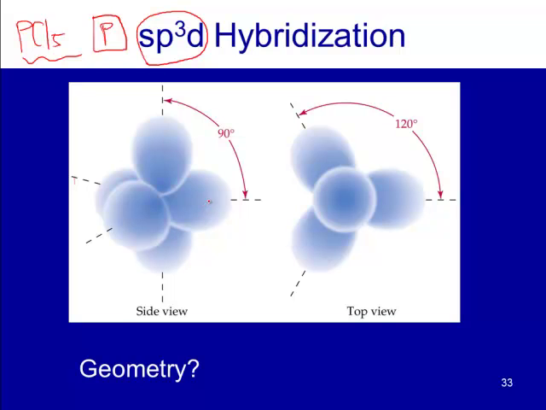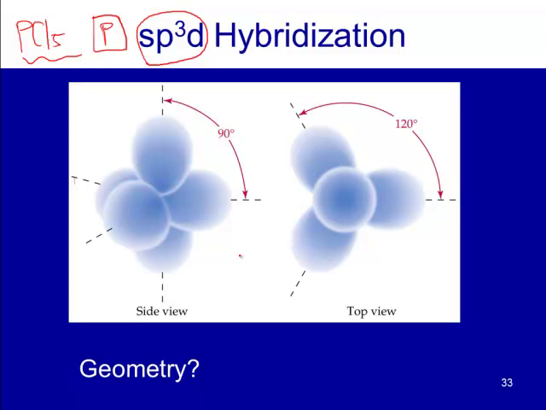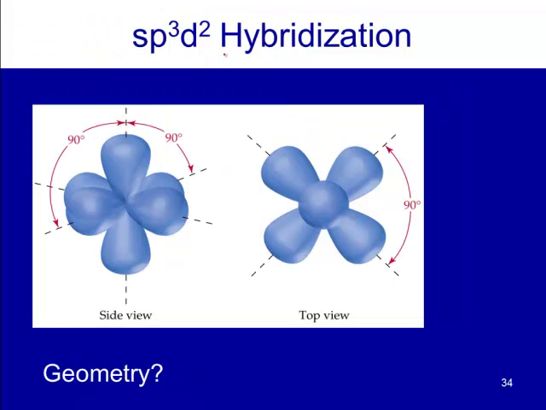So this is a trigonal bipyramid. As you can see here, this is the 5. You can have the sp3d, and you notice here 1 plus 3 plus 1 is 5. Now how about we have 6?